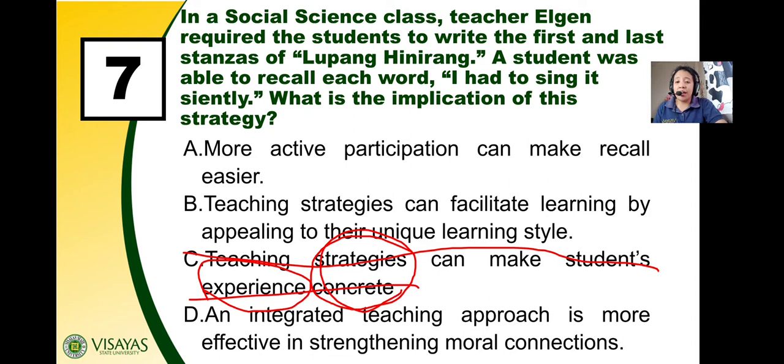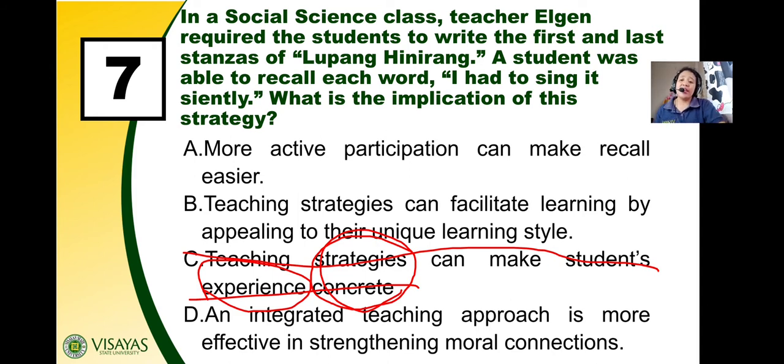And then it is integrated. Is there any integration mentioned there about moral connection? Were the students required to sing as an integration of music? If not, then we remove letter D. So, we only have A and B.